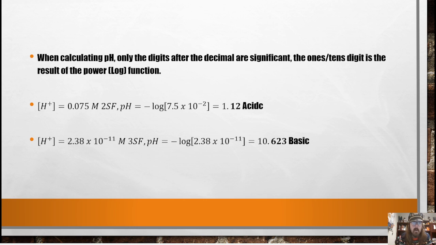The number before the decimal of our pH scale is due solely to the scientific power. So 10 to the negative first is going to give you a pH between 0 and 1. 10 to the negative second will give you a pH between 1 and 2.